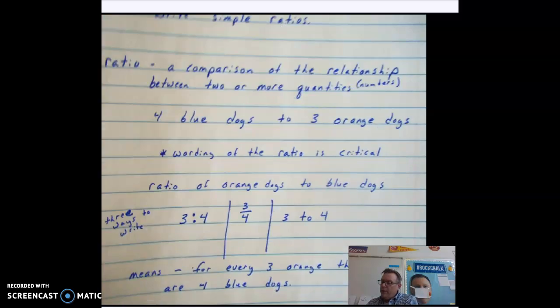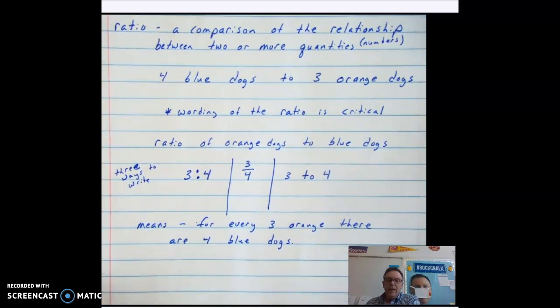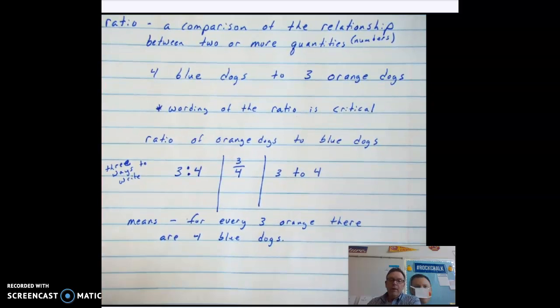So if I wanted to keep the ratio the same, if for every 3 orange dogs there are 4 blue dogs, then if I had 6 orange dogs, there would have to be 8 blue dogs. If I had 9 orange dogs, there would have to be 12 blue dogs. So you want to keep that ratio the same each time.